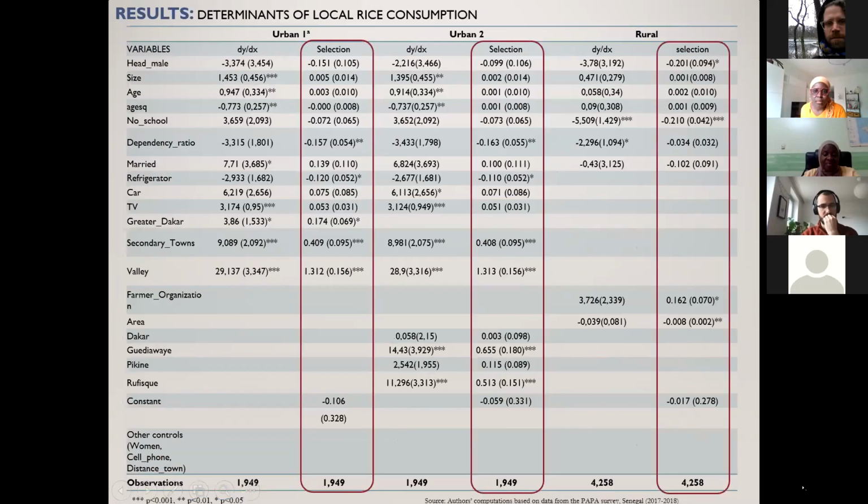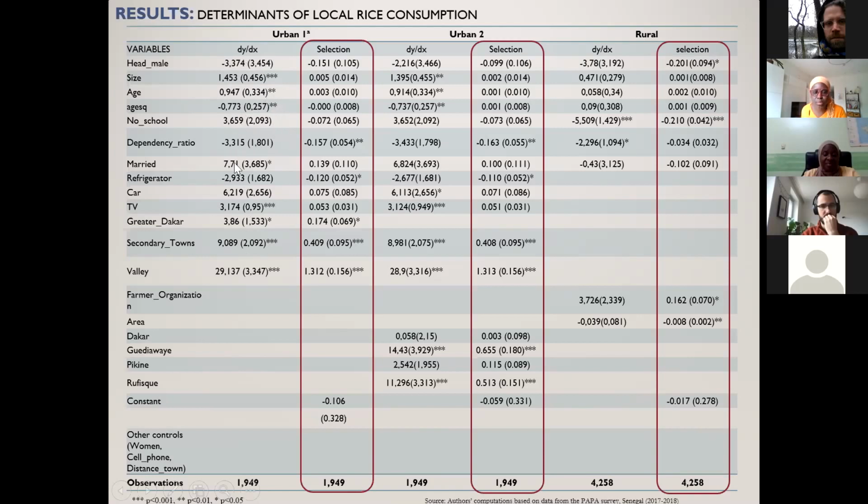So here we have the results for the determinants of local rice consumption. We mainly reported the results from the selection equation, namely the decision to consume local rice or not, and also the marginal effects, because the quantity variable cannot be directly interpreted. It does not make much sense to interpret that quantity equation.